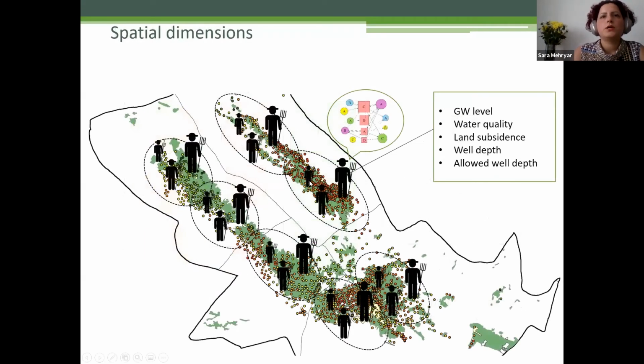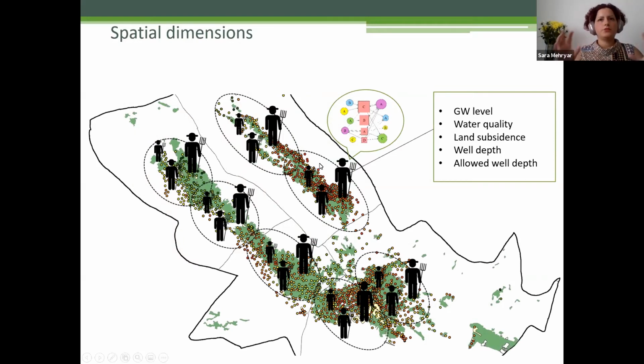And for our ABM, to add the spatial dimension, we divided the entire region into 7 different regions, and each region has its own specific environmental attributes. For example, each one of them has its own groundwater level, water quality, land subsidence, well depth, and allowed well depth, which are different from the other regions.